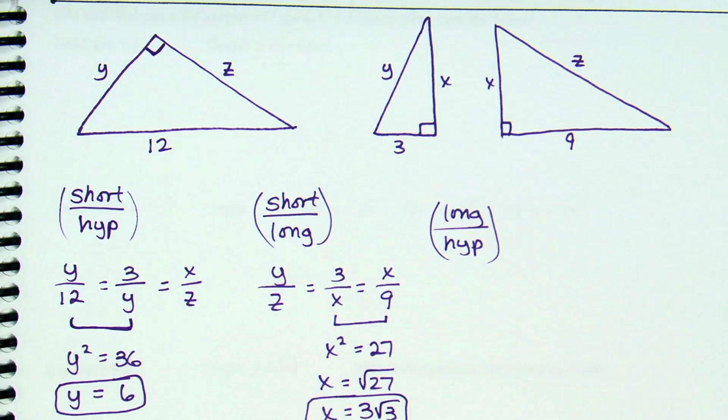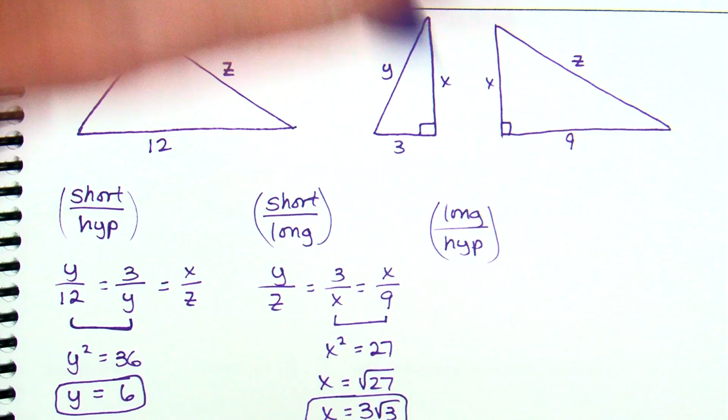So now if I look at the long legs over the hypotenuses, the one combination I haven't looked at: z over 12, x over y, and 9 over z.